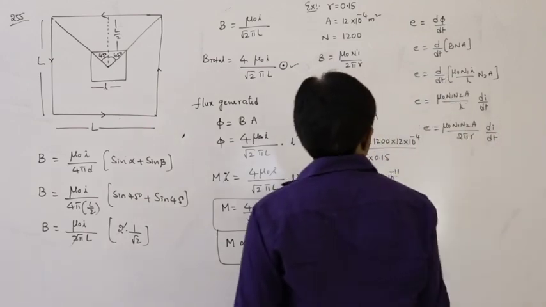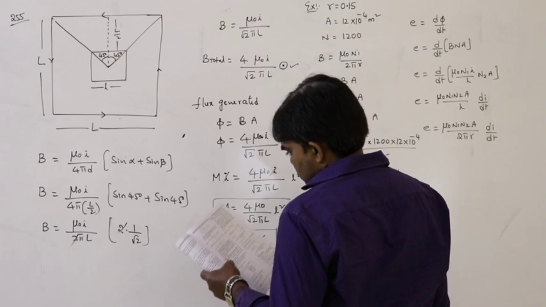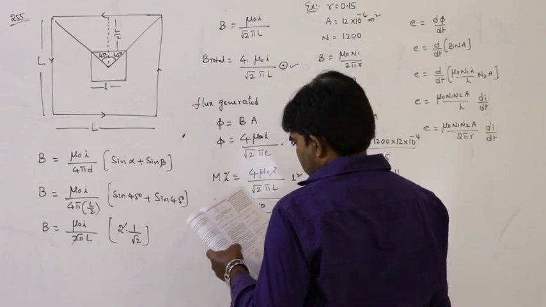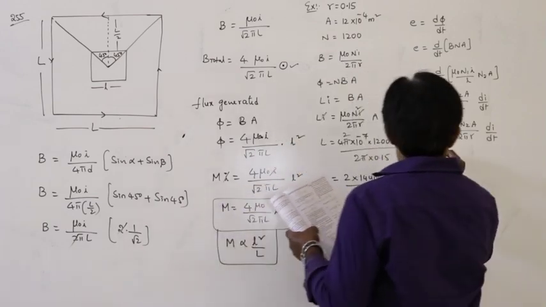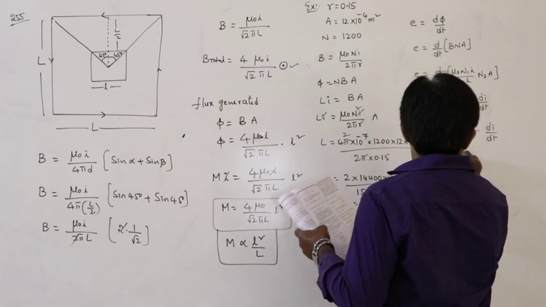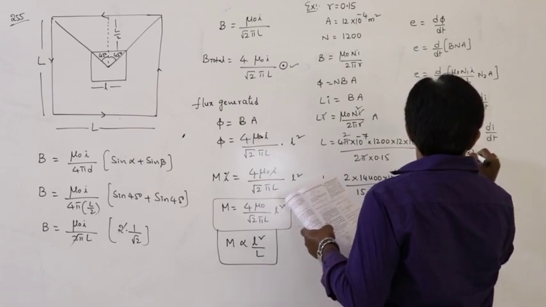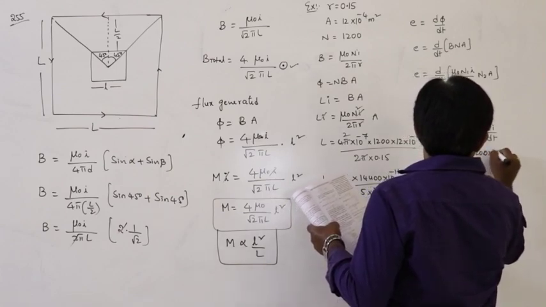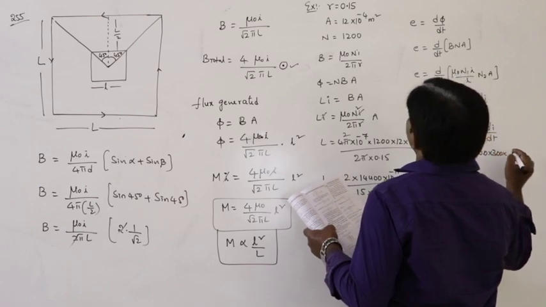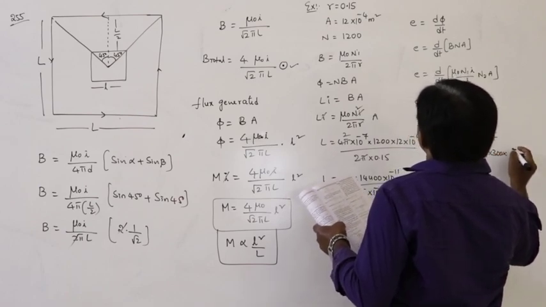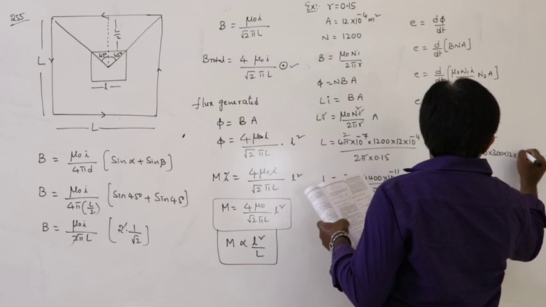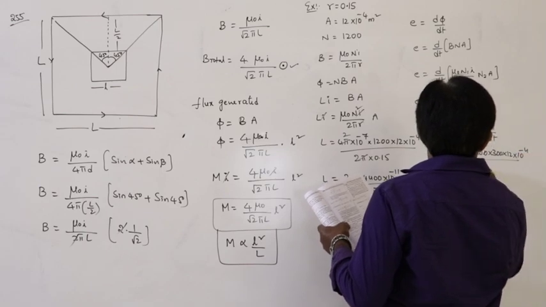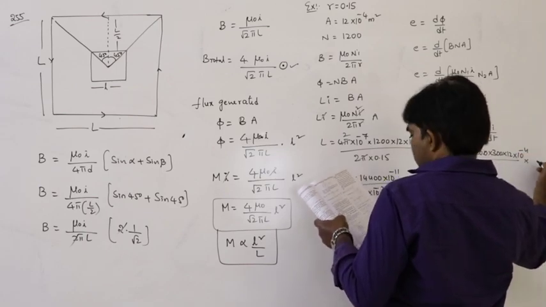So this we already calculated here. Number of turns in the secondary coil is given as 300. So mu naught by 2 pi is 2 into 10 to the power of minus 7, into 1200 into 300 into area, 12 into 10 to the power of minus 4, divided by 0.15 into di by dt.